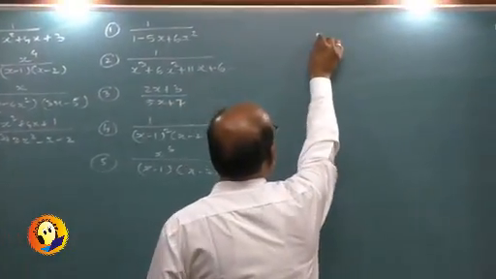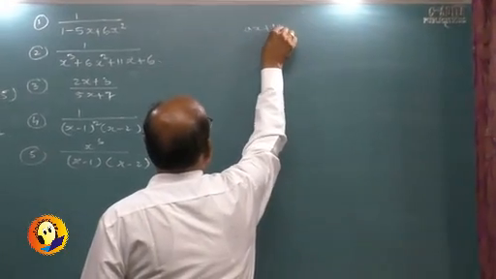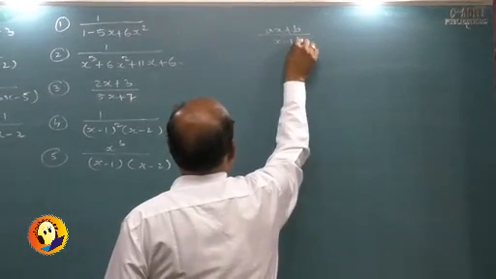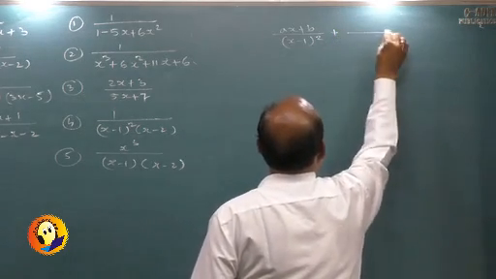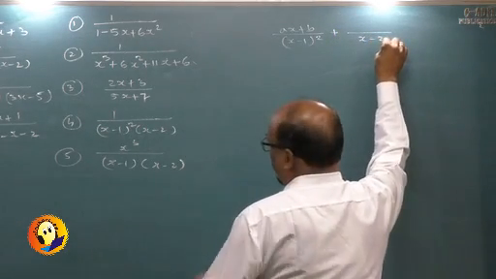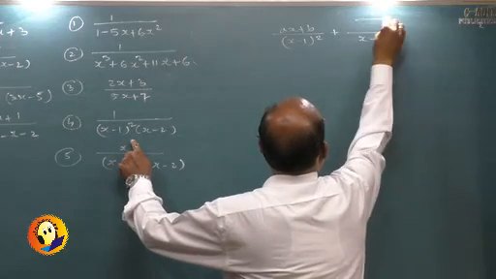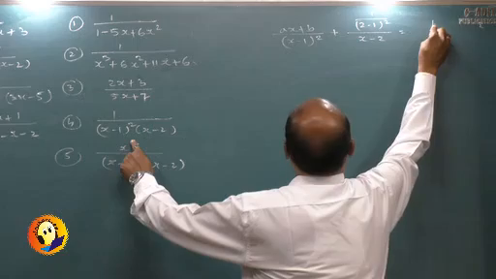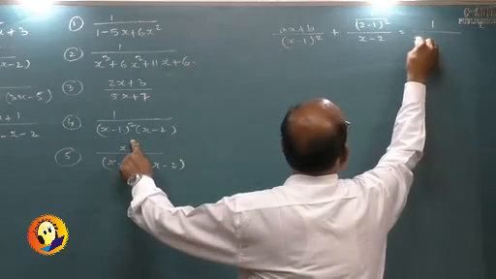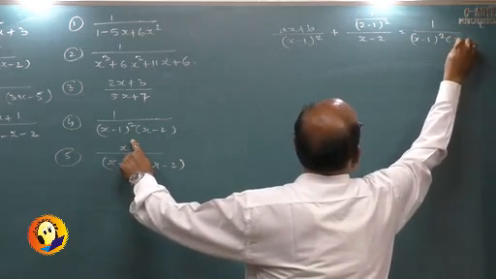we will start with saying ax plus b upon x minus 1 bracket square plus x minus 2, and the numerator will be 1 upon 2 minus 1 bracket square is equal to 1 upon x minus 1 bracket square into x minus 2.